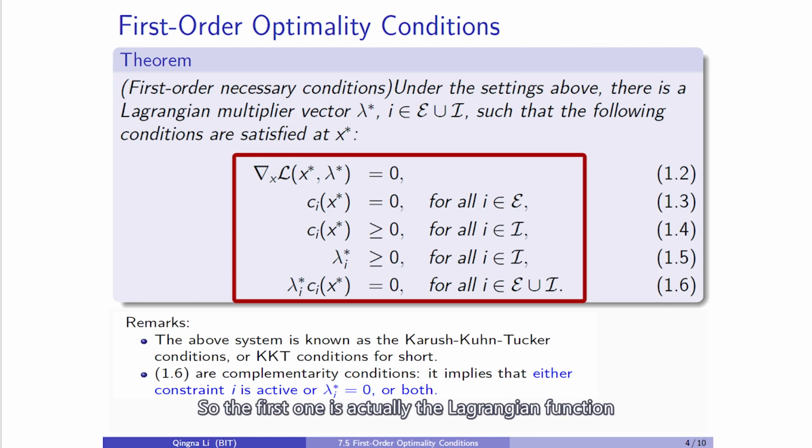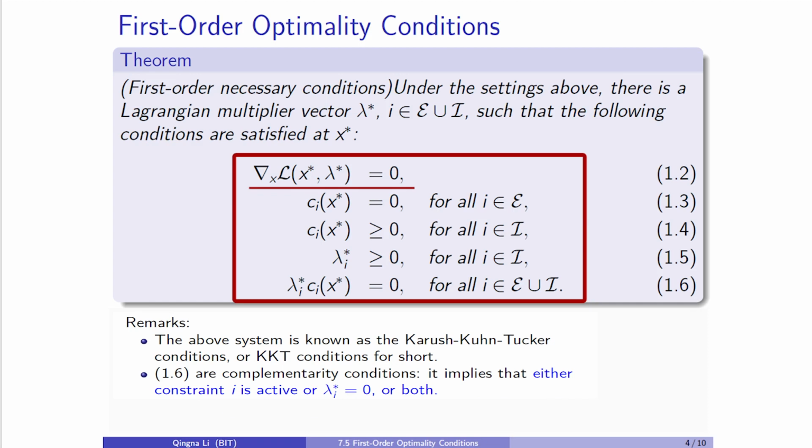So the first one is the Lagrange function with respect to x. We take the gradient, and it must be 0. This corresponds to what we have analyzed before, that the gradient of the function must have some relationship with the gradients of the active constraints, okay? So this is represented here.